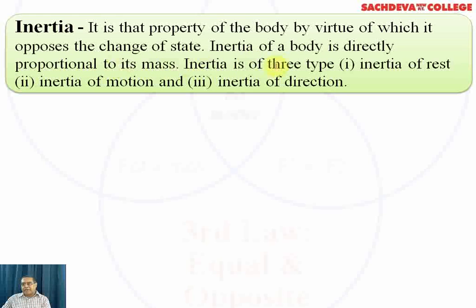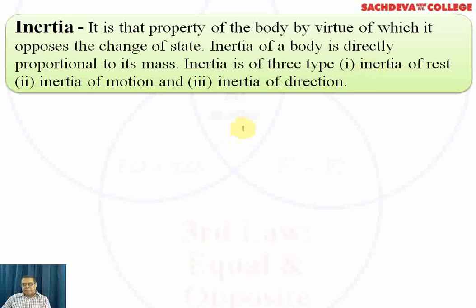Inertia is of three types: the inertia of rest, the inertia of motion, and the inertia of direction. When we speak of inertia of rest, it means the body is in the state of rest and will not change its state until we apply some force to it. Similarly, if a body is in the state of motion, it will not come to rest until we exert force on it.